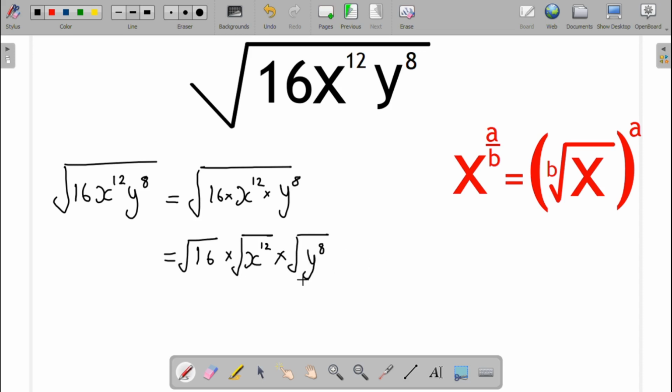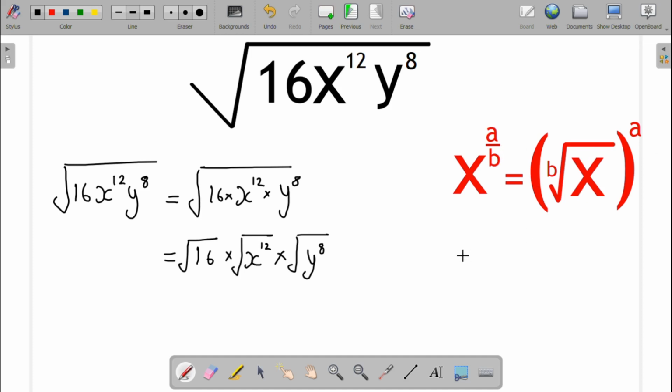Now, at this junction, we are going to apply one of the principles of indices: if you have a fractional power a over b, it is equal to the denominator being the root sign, and the numerator taking the power of that number.